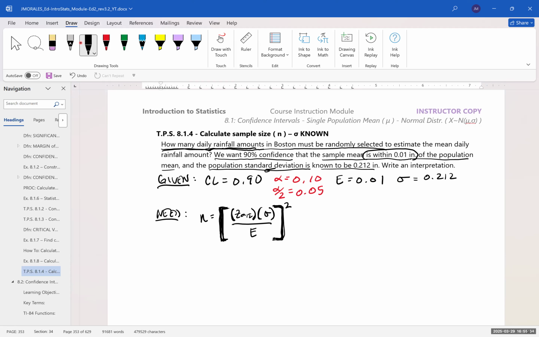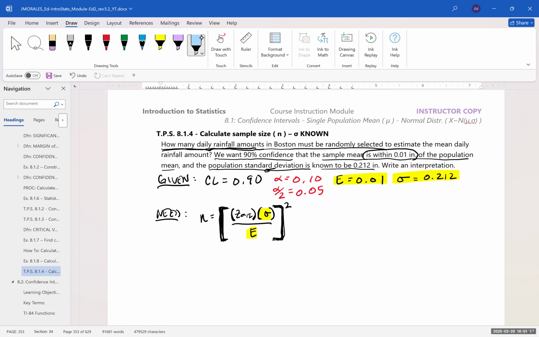All right. So, let's see what we are given to tell us what we need to figure out in order to calculate sample size. So we need Z alpha over 2, but we don't have that. We do have sigma that was given, and we have error that was also given.